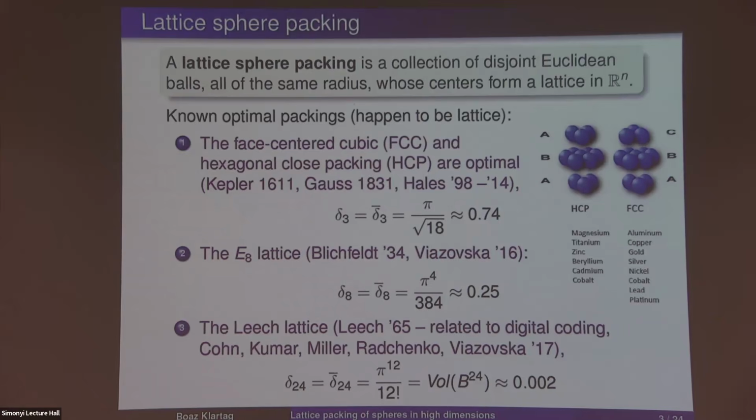This is called the Leech lattice, after John Leech, and this lattice was shown to be optimal by Viazovska and Cohn, Kumar, Miller, Radchenko, and Viazovska one year after the dimension 8 case. So in dimension 24 we know the density of a sphere packing is this number, which is the volume of the unit ball in 24 dimensions, or if you want, it's roughly 1/500. Now, there are two opinions about this number.